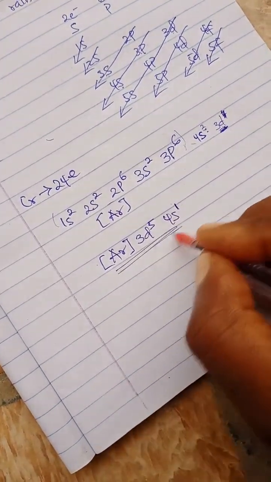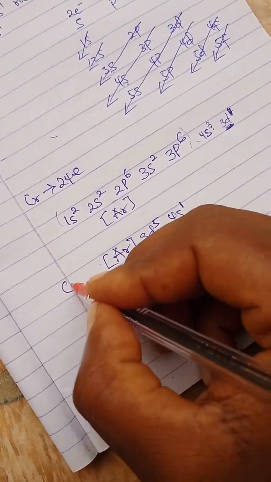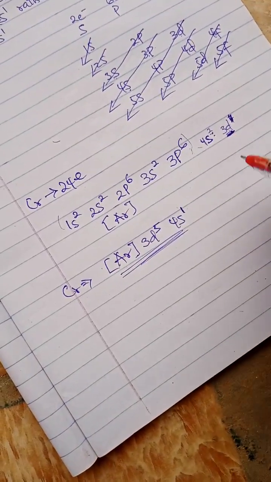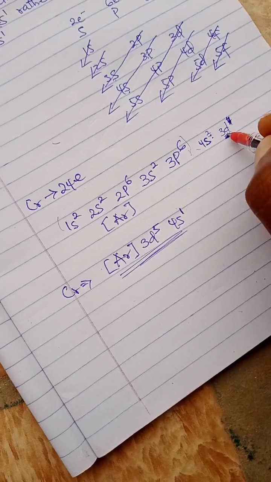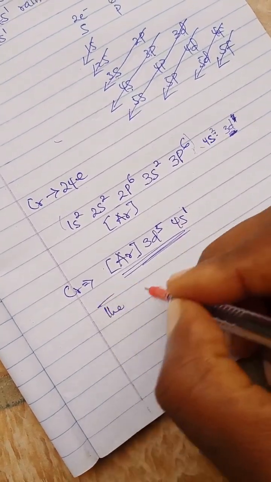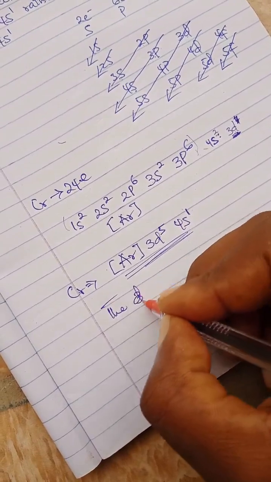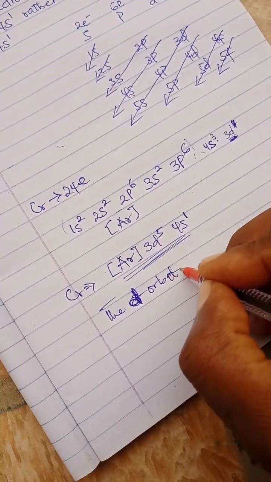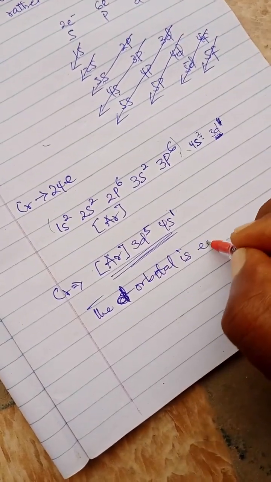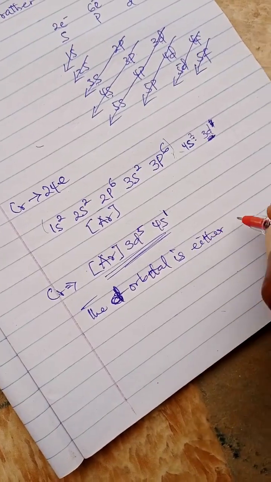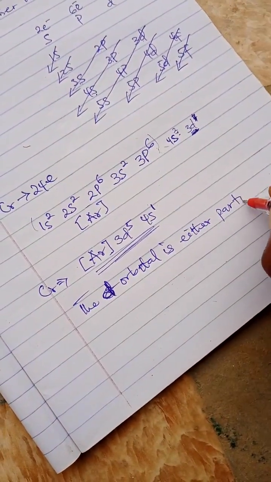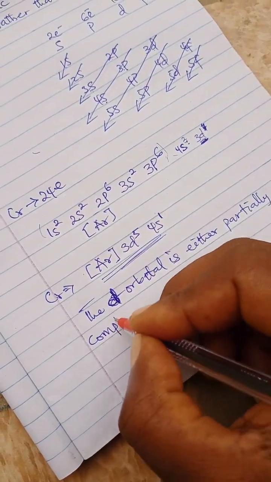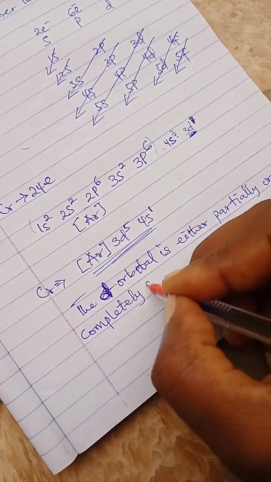So that is why chromium is this way. The reason is because of the stability of the 3d orbital. The d orbital is either partially or completely filled.